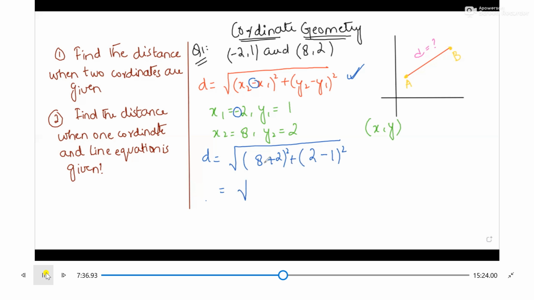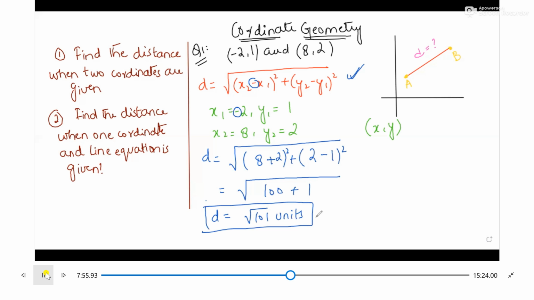After solving, 8 plus 2 will give us 10, and the square of 10 is 100, plus 2 minus 1 is 1, and the square of 1 is 1. So under root 101 is basically the distance or the length between the two coordinates which are given to you. Okay?